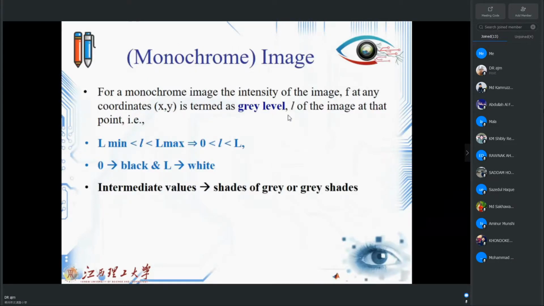Let's go deeper. Suppose for the monochrome image, the intensity of image f at any coordinate (x, y) we term as the gray level.